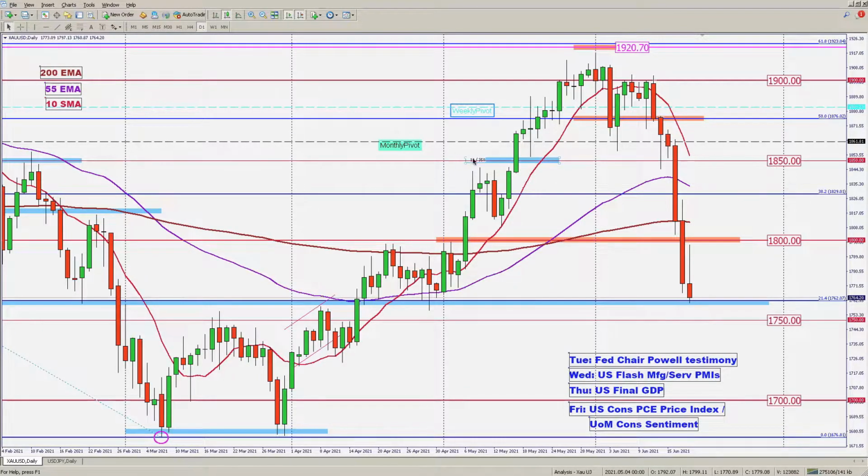And above that, we can remove that for now. It will need to climb back up through 1800 and the daily 200 before it can reach the 38 fib retracement again. So this is going to be the next key resistance here.